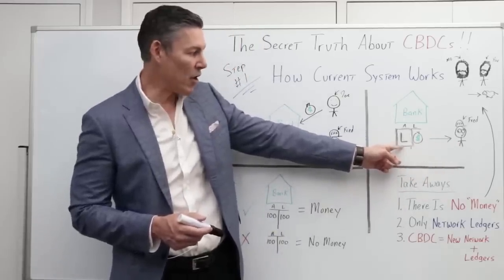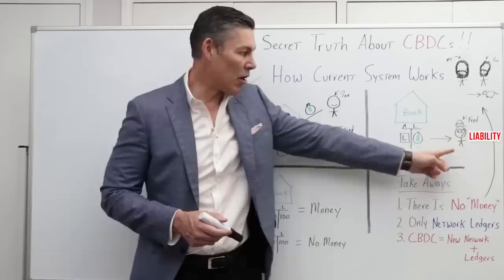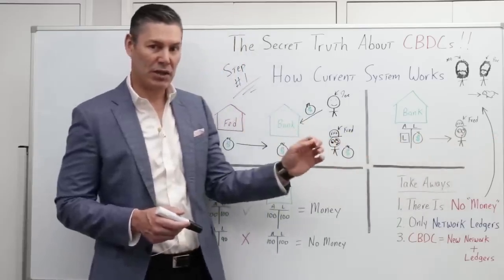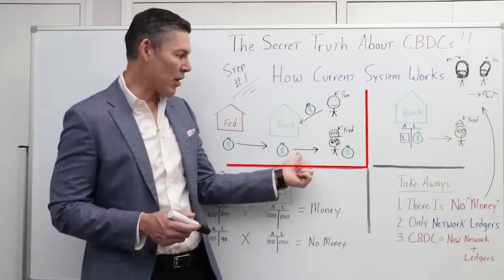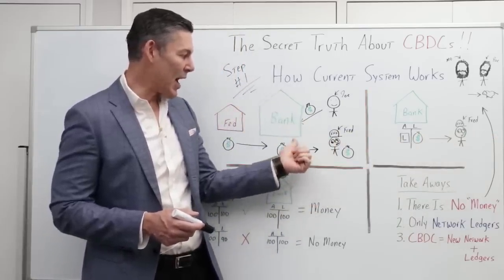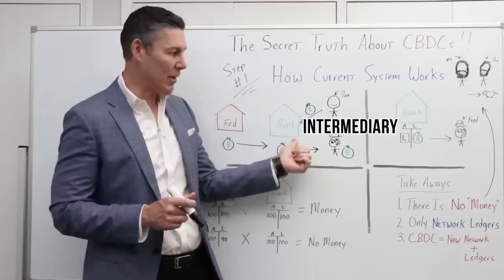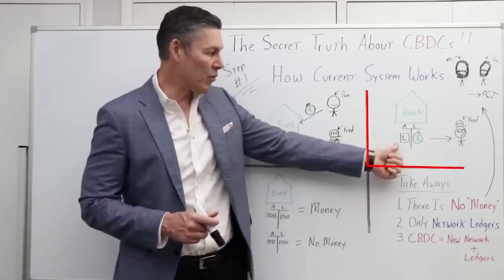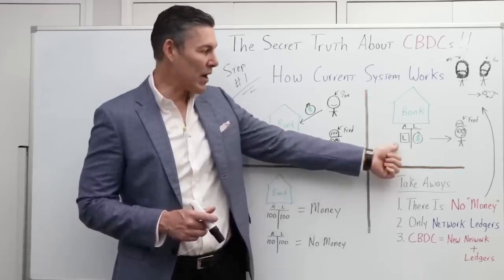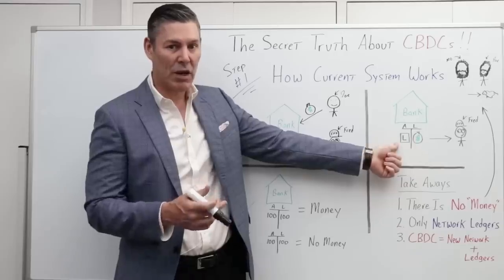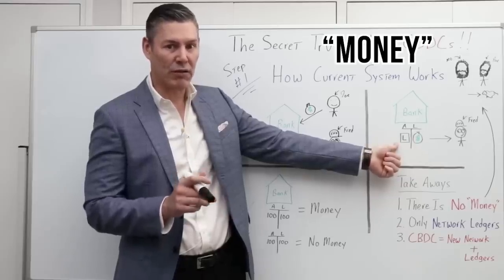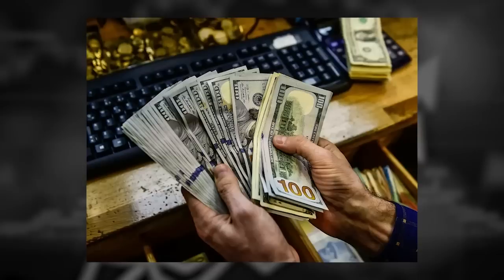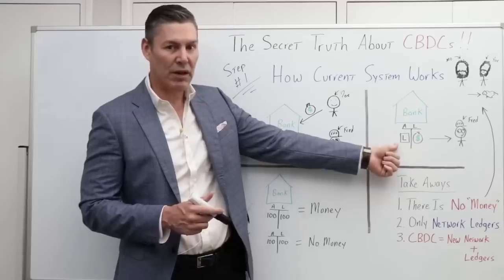And obviously this loan would be a liability on Fred's balance sheet. So in this scenario, the bank is acting as an intermediary, let's say. And in this scenario, which is far more accurate, the bank is creating money, and I'm just using the term money loosely for, let's say, dollars. They're creating those dollars out of thin air.